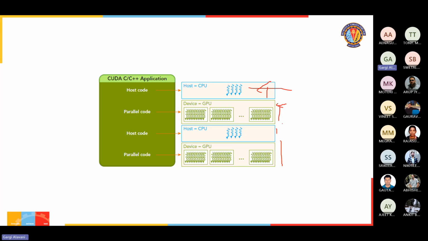Then you do CUDA device synchronize, you come back to your CPU, and you might have another kernel function in your code, which will be called after this, that will again spawn multiple threads on the GPU and execute. So there is no concept of kernel in terms of CUDA programming for the CPU. Kernel is only for the GPU, and the function that executes on your GPU is called a kernel.